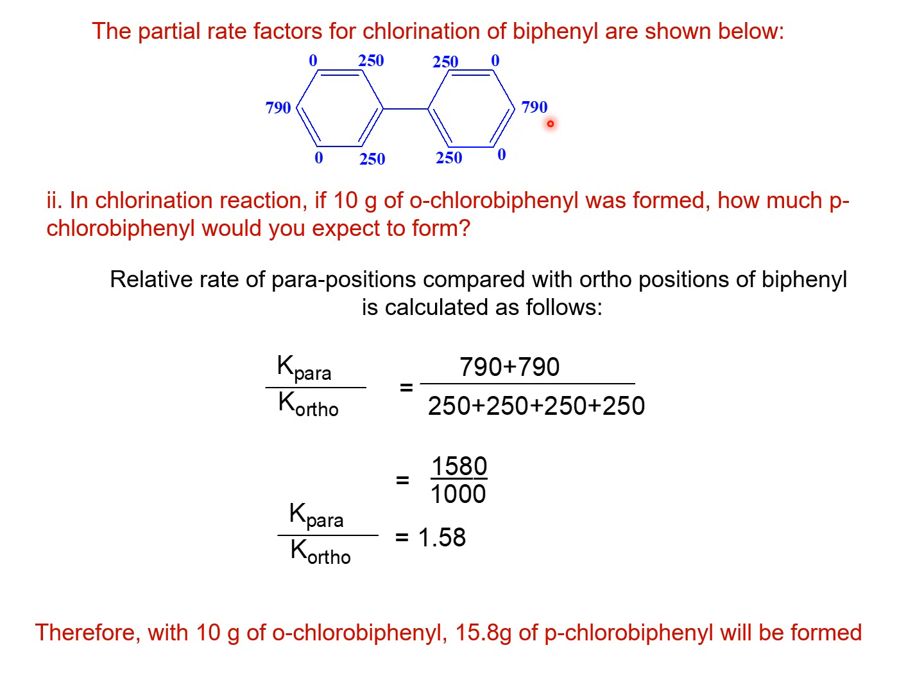Take the ratio of partial rate factor for para and ortho position, 1580 divided by 1000, and the ratio is found to be 1.58. Therefore, if 10 gram of orthochlorobiphenyl will be formed, along with it 15.8 gram of parachlorobiphenyl will be formed.